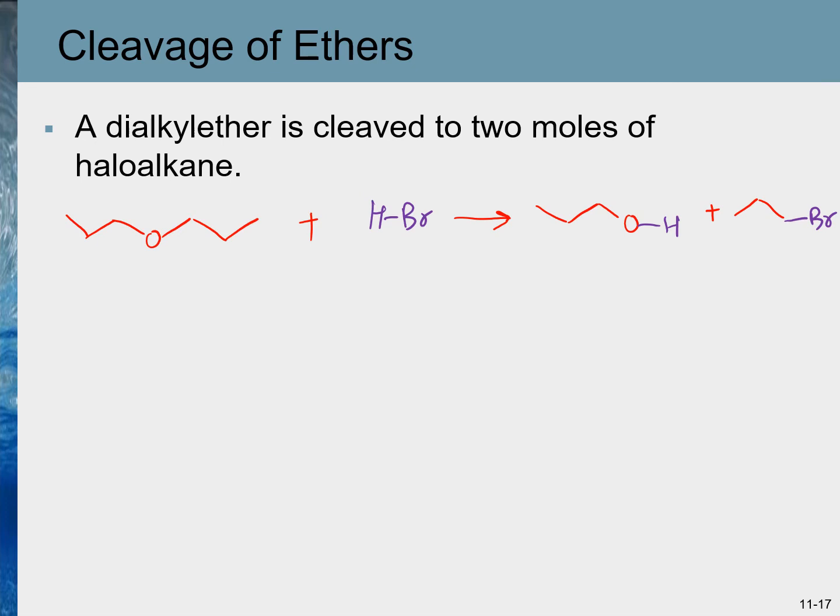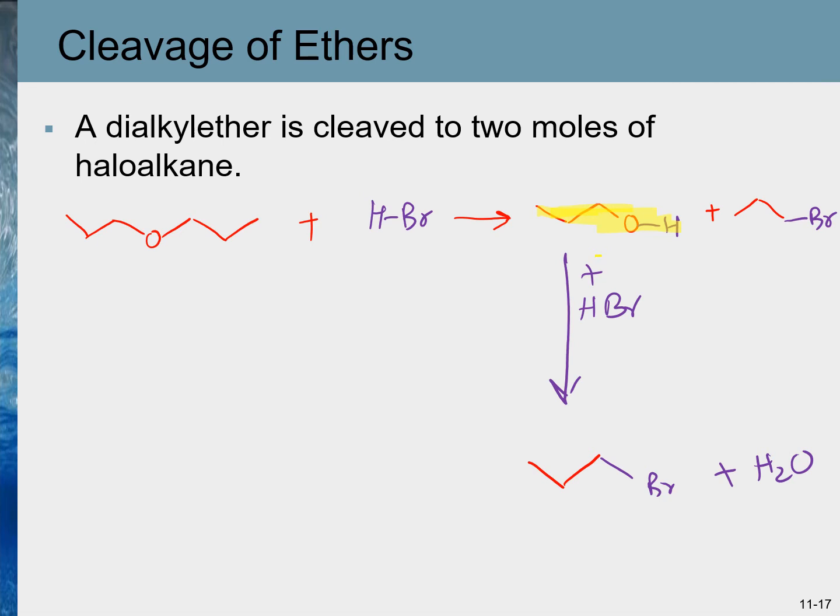If we use excess hydrobromic acid, or if we use 2 moles of hydrobromic acid, then the alcohol which is formed in the first step will further react with the hydrobromic acid, and it will result in another molecule of bromopropane, plus water.